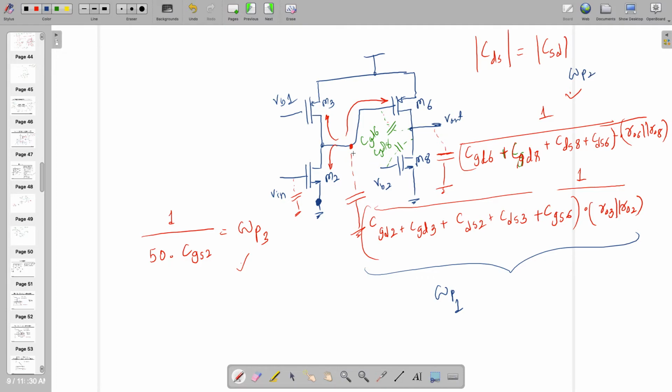Like the second stage will have the first pole, then the third stage, fourth stage, right? It has to be like this. If it is not, then things will not work. As a designer, you will understand. Otherwise, things will be difficult to design.